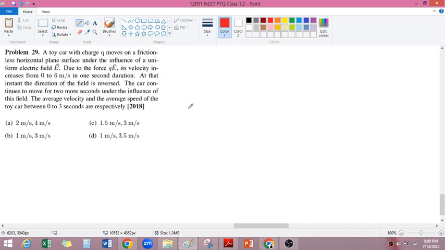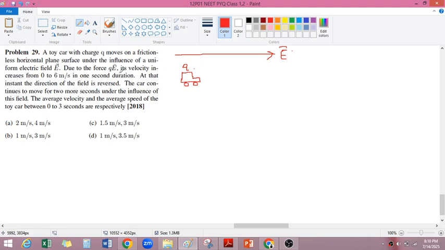A toy car with charge Q moves on a frictionless horizontal plane surface under the influence of a uniform electric field E. So there is a toy car with a small charge Q. Because of the charge in the electric field, it will experience a force F equal to QE.